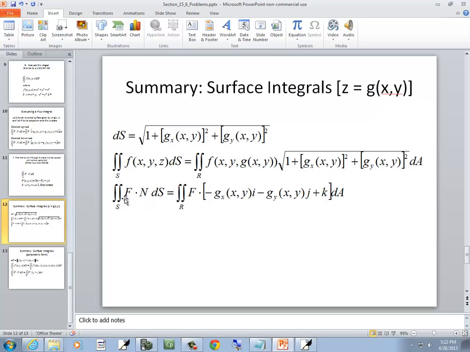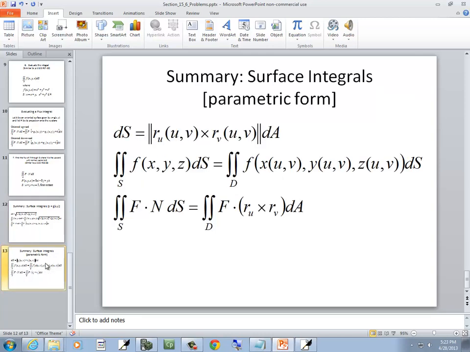Now if you find a flux, that's what this last one is, and this is just one of them. Remember there's two versions of that. Then use this formula. If you got surface integrals in this parametric form, where r of uv equals, we'll have to find our partial with respect to u, partial with respect to v, find the cross product, find the magnitude, we've seen this, and then use that in an appropriate place.